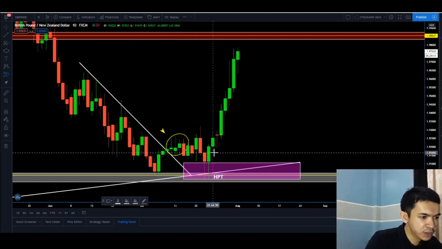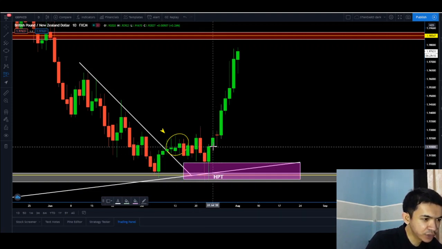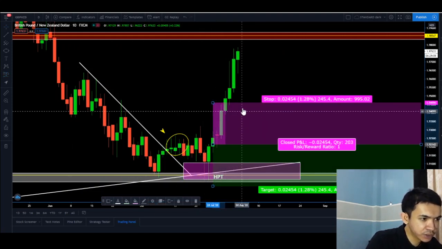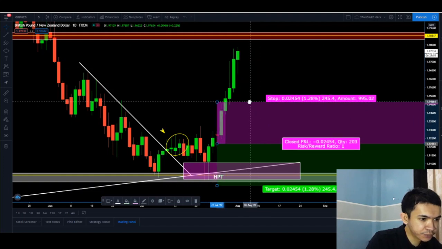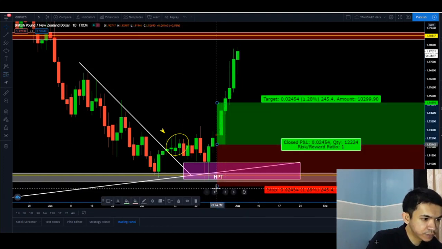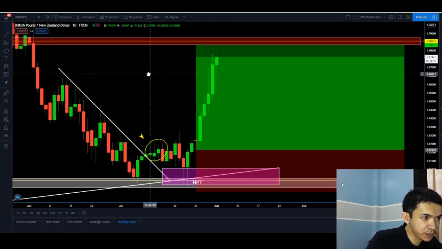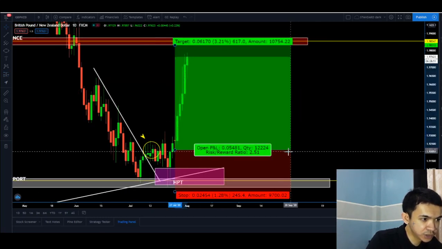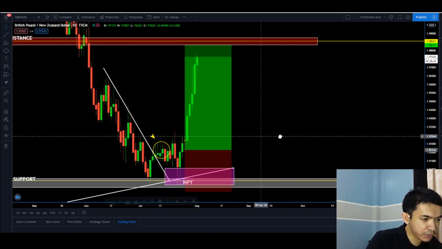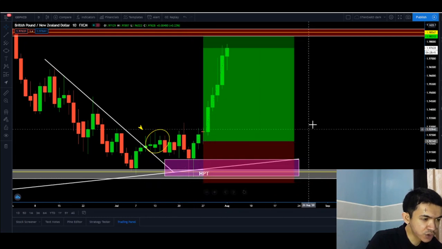If I saw this bullish engulfing candle, I would enter where? Sorry, this is a short setup. Long, right? And the target is TP, just the key significant resistance level or zone above, and stop loss just below structure.